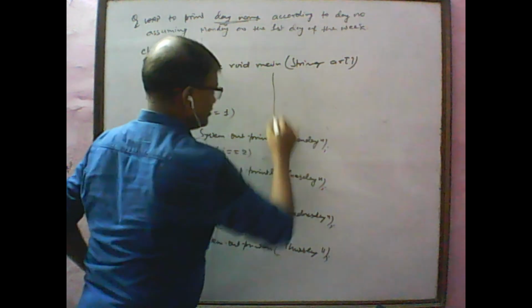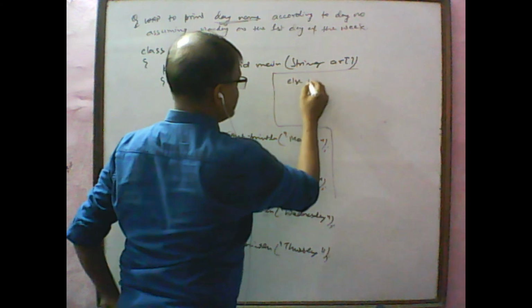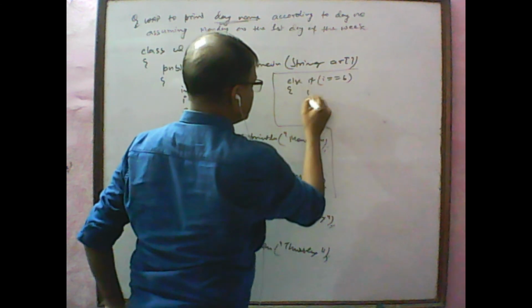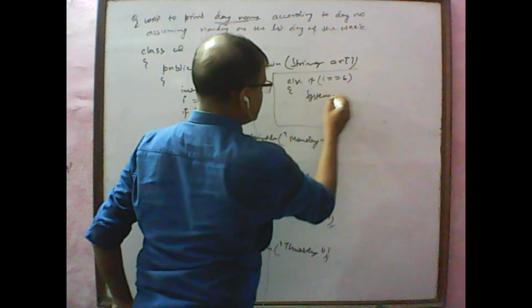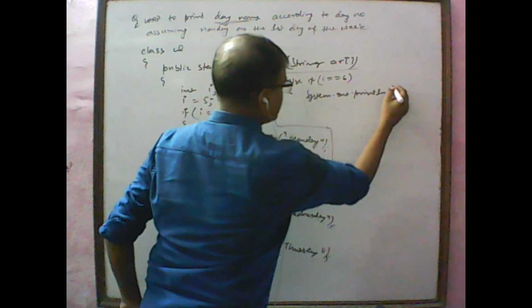Now I am writing here, else if I equal to 5, System.out.println Friday.